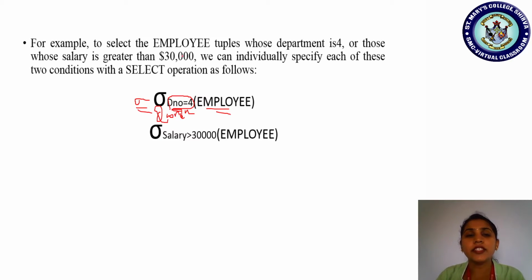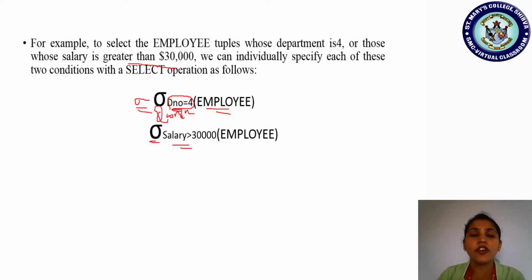What is the second condition? The second way of getting the information, in case we want to view the employees whose salary is greater than 30,000. Again select operation; the relation on which you want to apply it, you should write in the parenthesis. So select from employee. What is the qualifying condition?